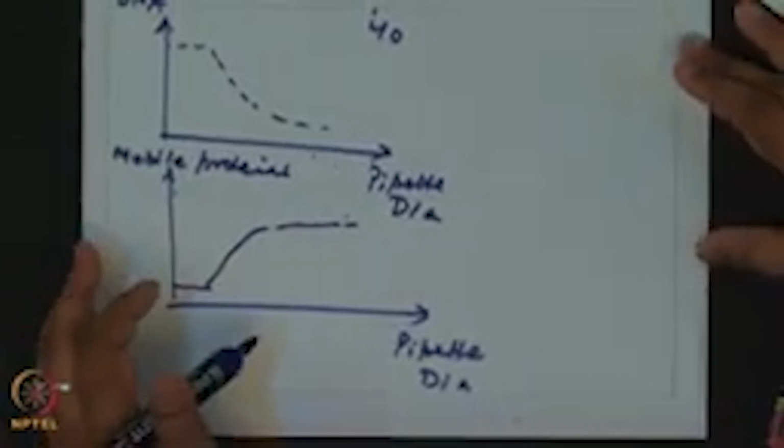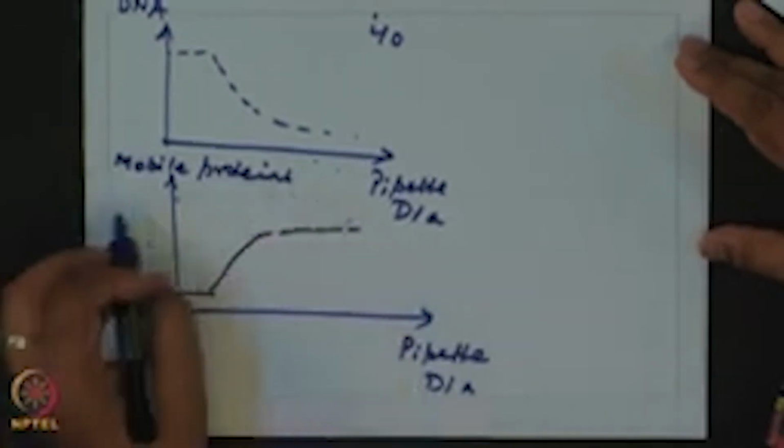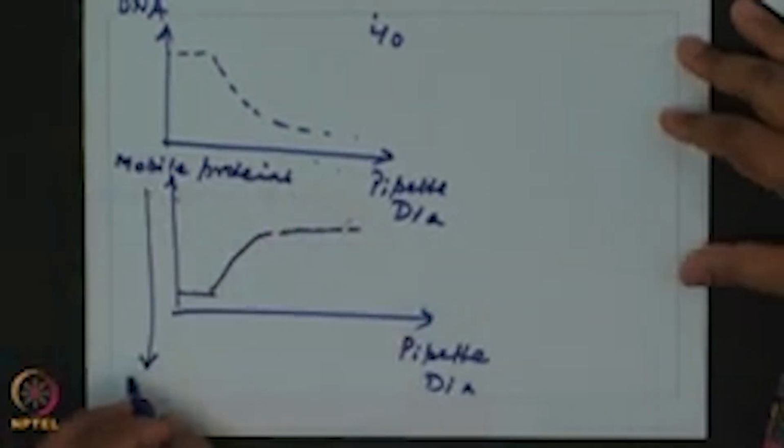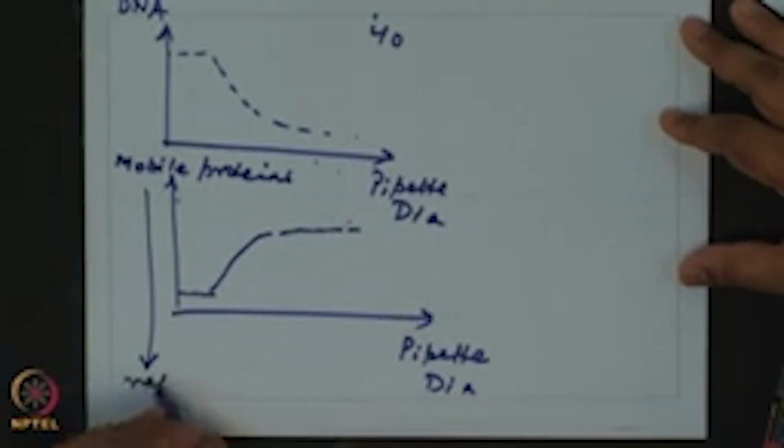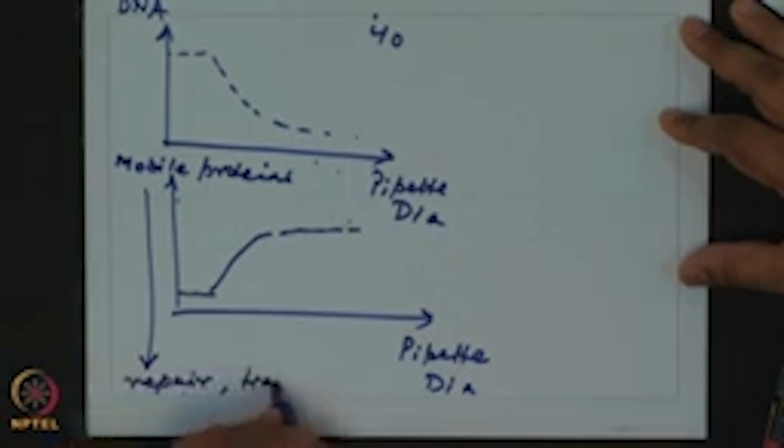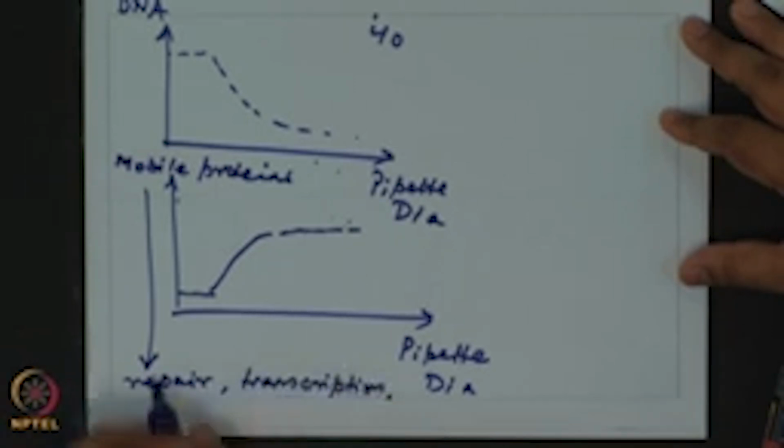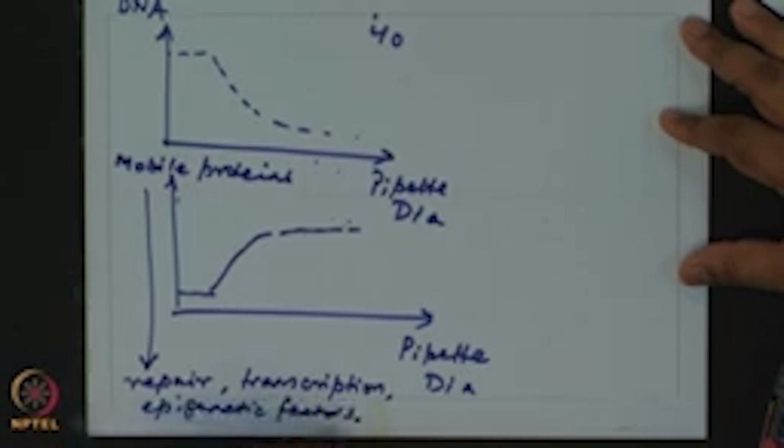They exert completely opposite effects. When they considered the mobile proteins, they had repair proteins, repair factors, transcription associated proteins, transcription factors, and epigenetic factors, as well as nuclease.